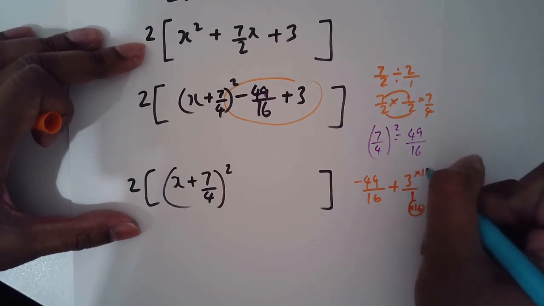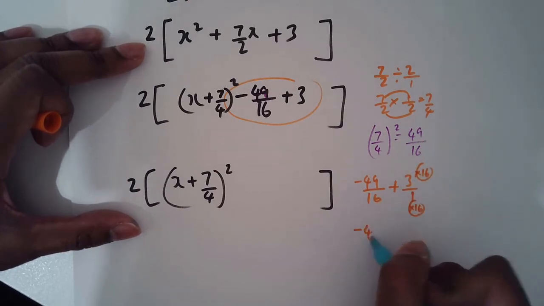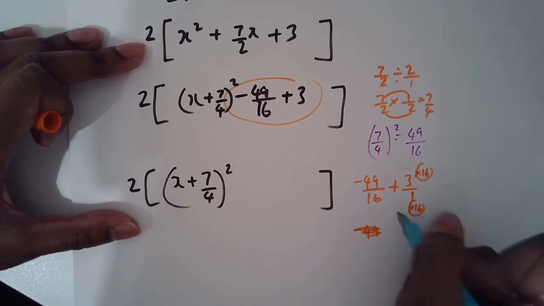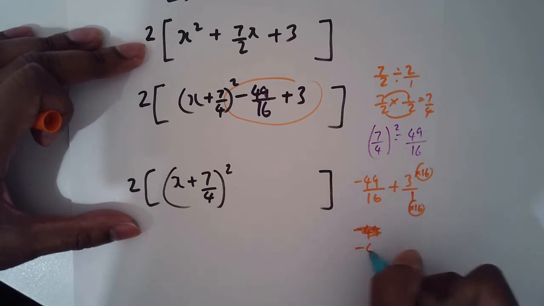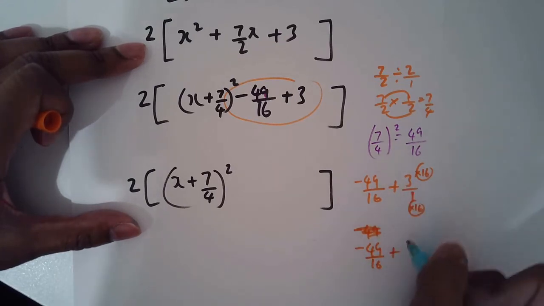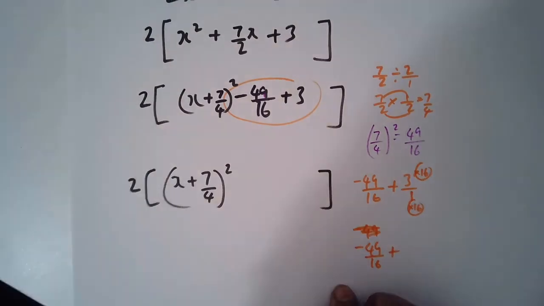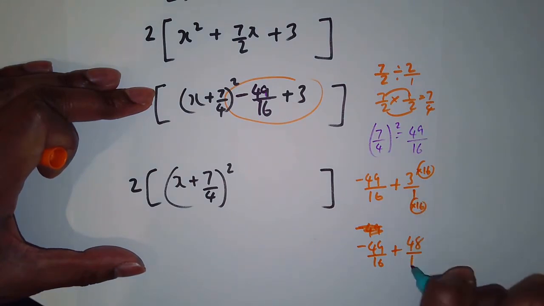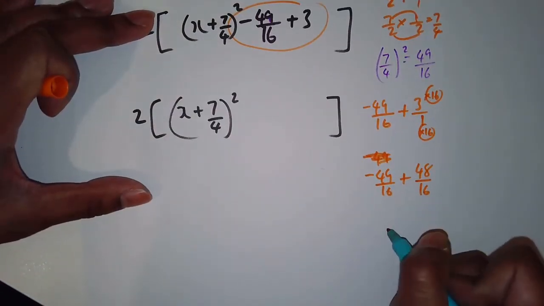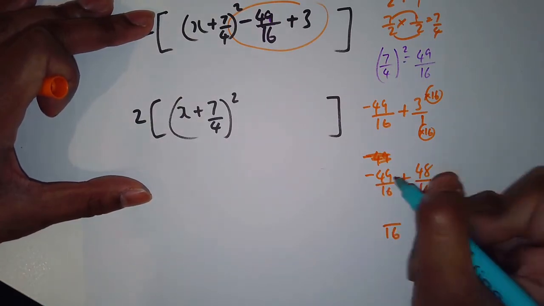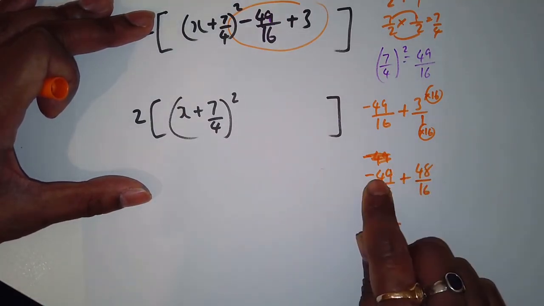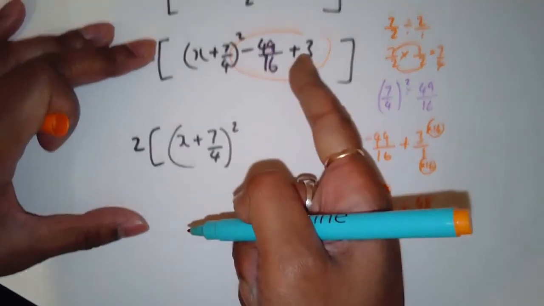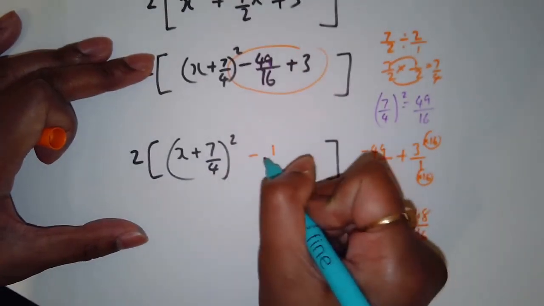Whatever we do to the bottom, do to the top. Minus 49 over 16. 3 times 16 is what? It's going to be 48. And 1 times 16 is 16. Right, we've got the same denominator. Minus 49, add 48, minus 1. So the result of all of this is this thing here.